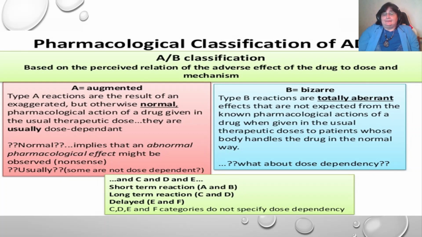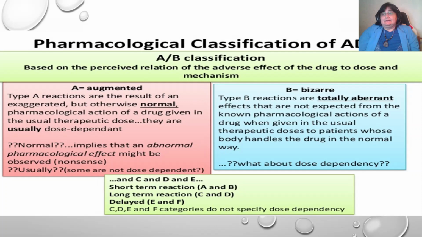Type B, bizarre: reactions are totally aberrant effects that are not expected from the known pharmacological action of a drug when given in the usual therapeutic doses to patients whose body handles the drug in the normal way. What question should you ask? What about dose dependency?